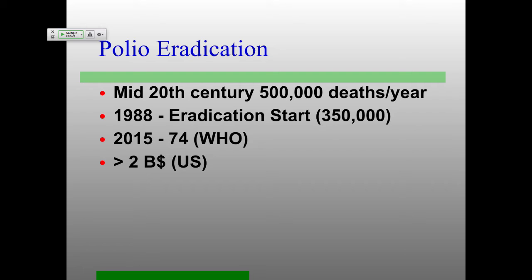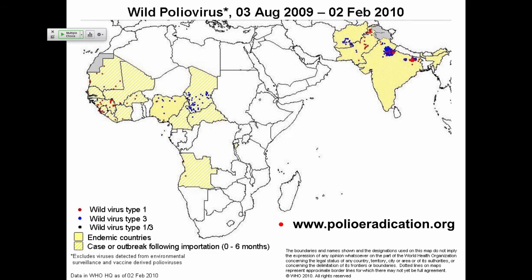And I just wanted to skip through a couple of next slides pretty quickly, looking at the successes of some of these things. And literally in the last 5, I guess this is now 6 years, this is what wild poliovirus looked like 2009, 2010.